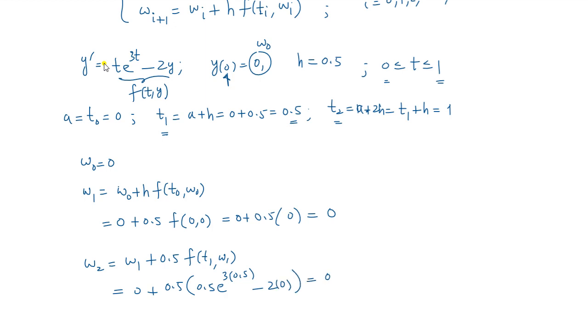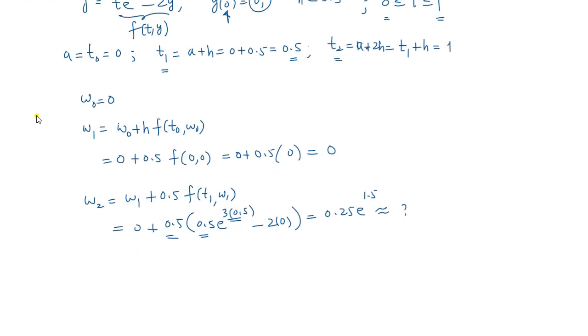So you got 0.25 e to the power 1.5. You see, 0.5 into 0.5 is 0.25 and 3 into 0.5 is 1.5. So here you can approximate. That's it, you just have to go 2 steps. For i equal to 0, it gives you w1. For i equal to 1, it gives you w2. This is the approximation at y1. So that is your answer which you got here.